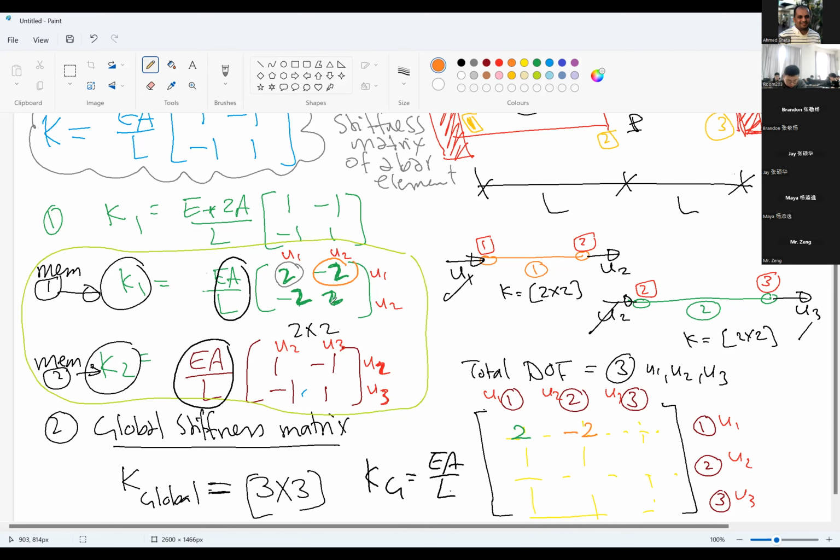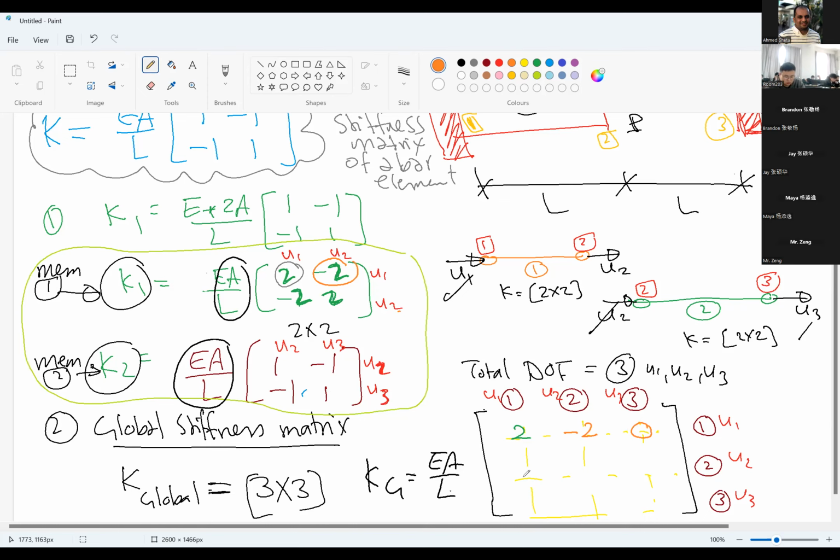For this one, U31, do we have any relation between 3 and 1? We don't have here. We have U11, U21, U12, U22. Here U22, U32, U23, U33. So we don't have any U31 member, so this will be 0.